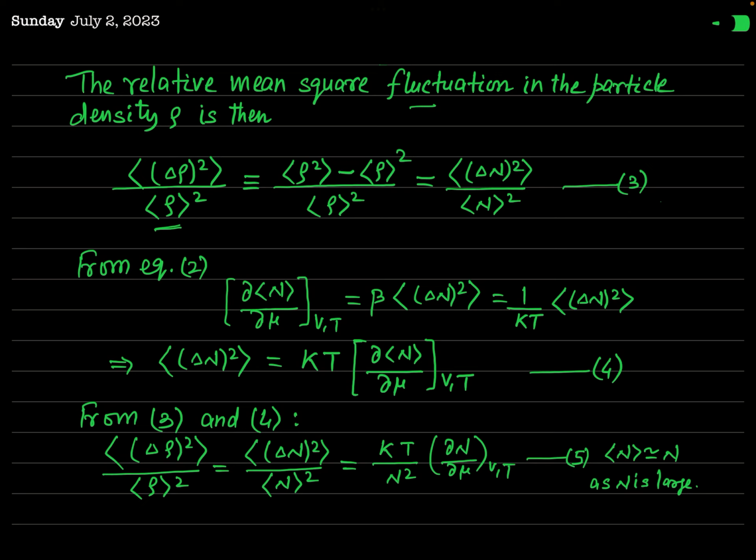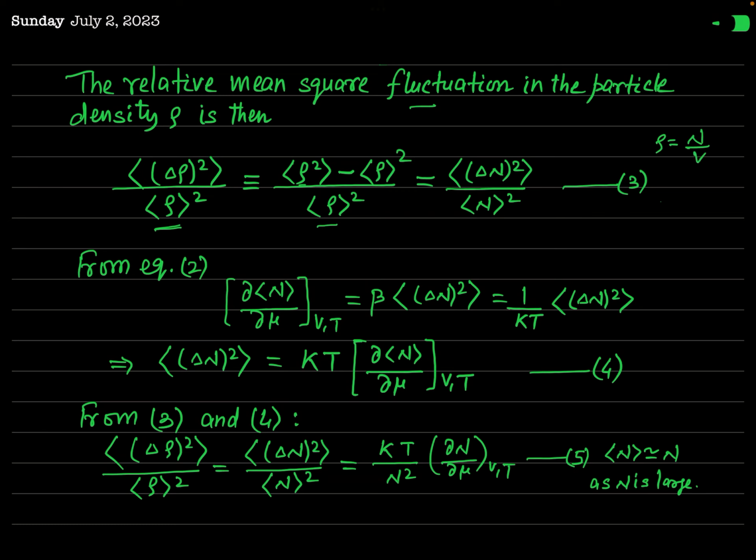And in place of delta rho square we can write mean of rho square minus mean of rho whole square, divided by mean of rho square. But as you know, rho is equal to n over v.